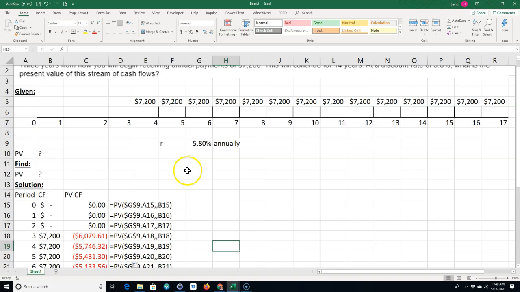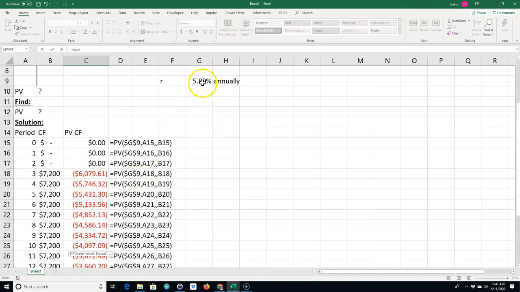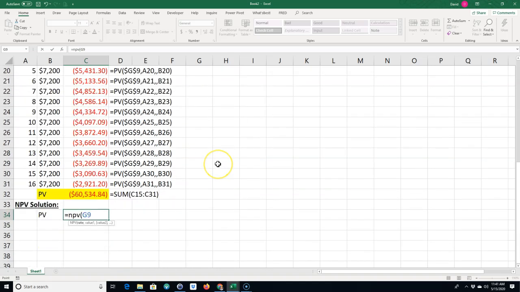So the short way to do it, I'll do it right here, the NPV, well, I'll do it below. The NPV solution. Well, the present value is going to be equal to, we're going to use the net present value function, and all we're going to do is simply click, put on the rate, and then it wants value 1, so it's asking for the value at the end of period 1.